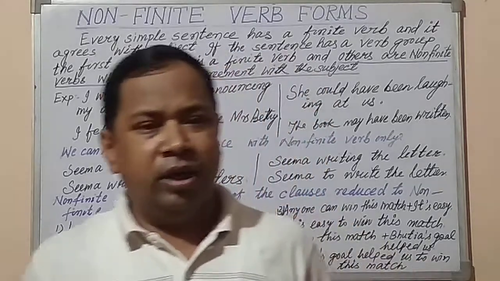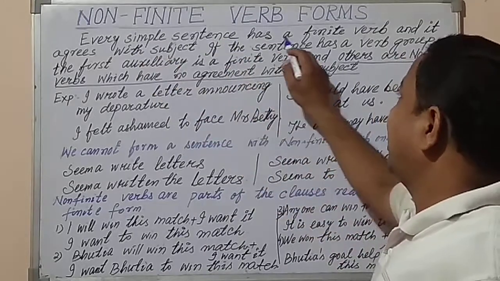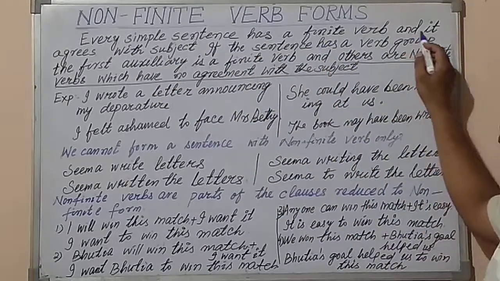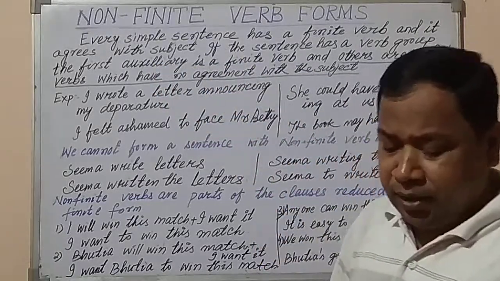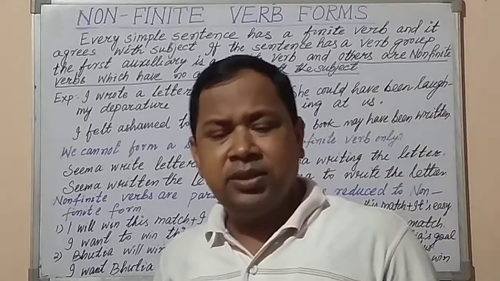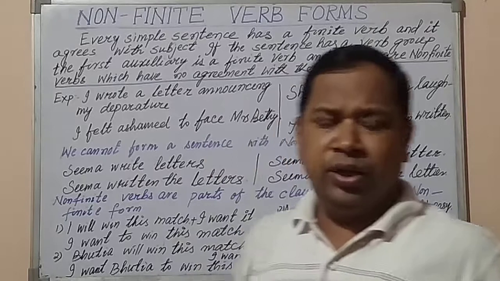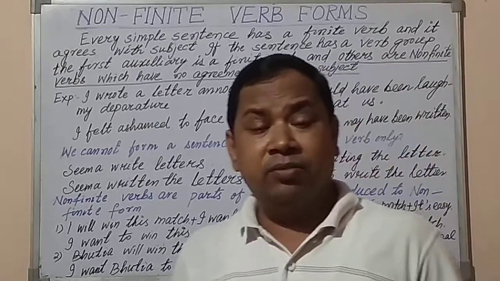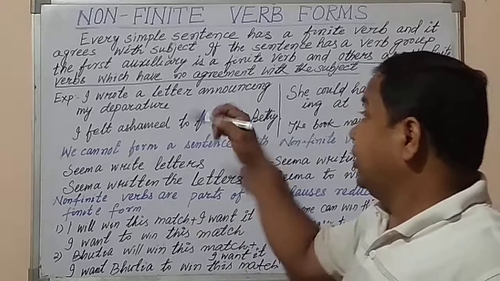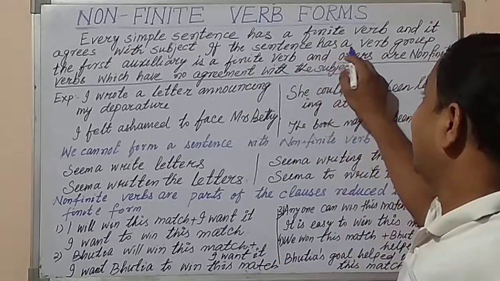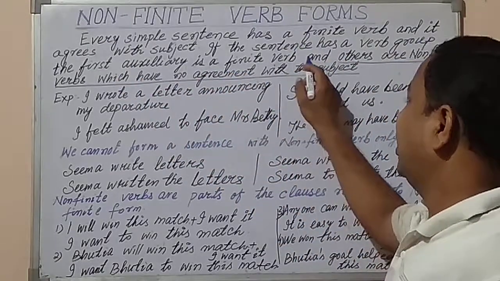Let's see the examples. You see here, every simple sentence has a finite verb and it agrees with the subject. That means every finite verb always agrees with the subject, which we have learned in our subject-verb agreement topic. If the sentence has a verb group, the first auxiliary is a finite verb.